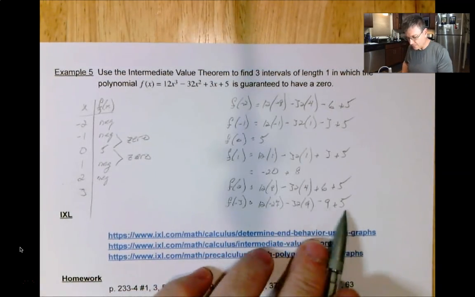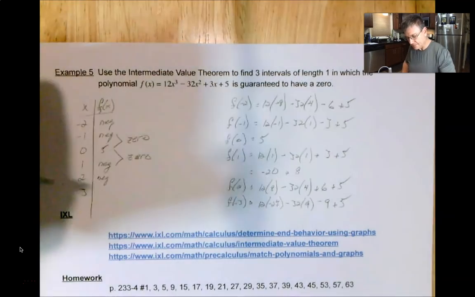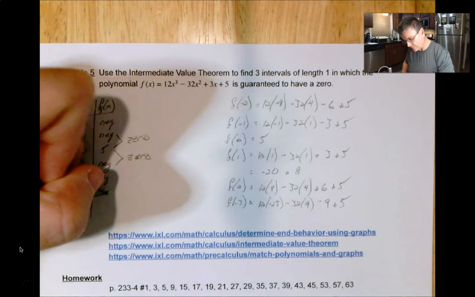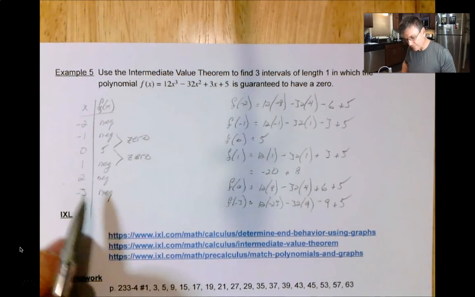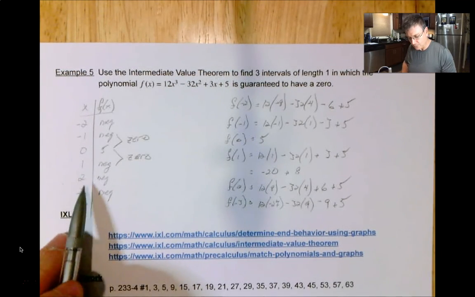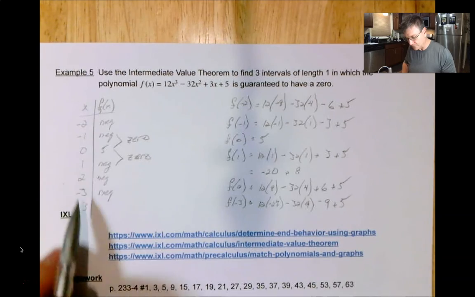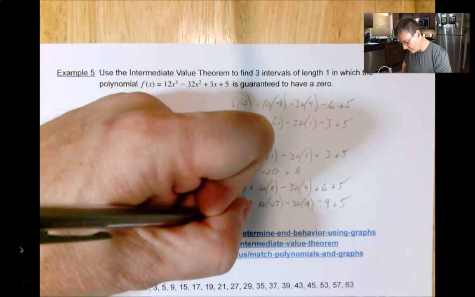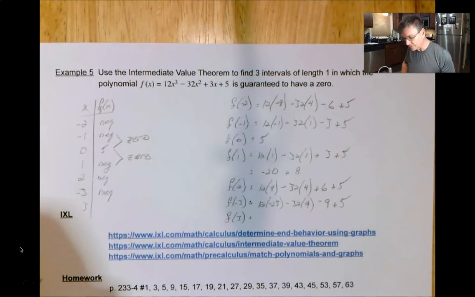Negative, negative, negative, plus 5. This is negative, so negative 3, negative. Positive 3, I have a feeling we want to check from positive 2 to positive 3. So I have a feeling that f of 3 is going to end up as a positive number.